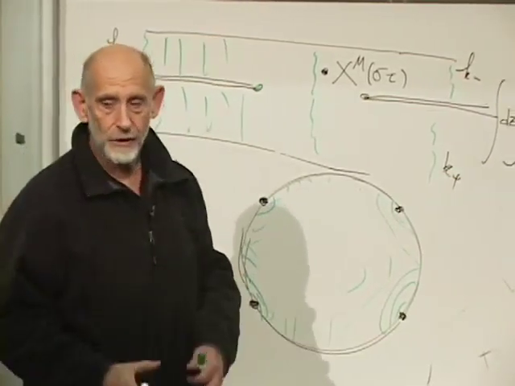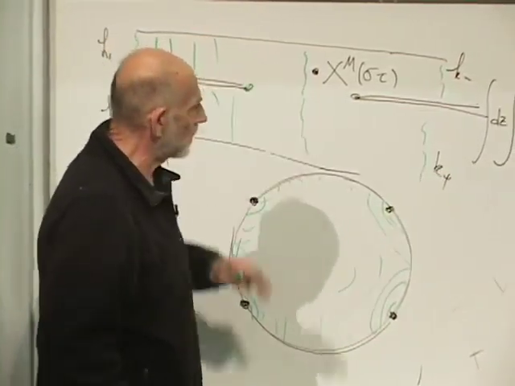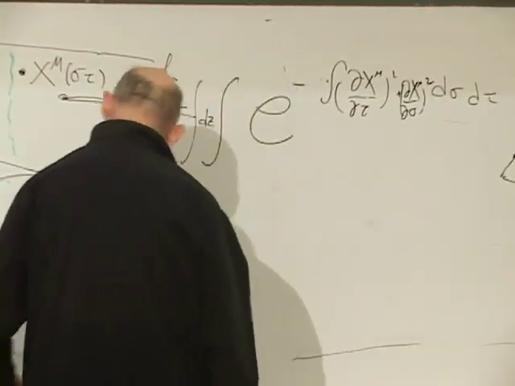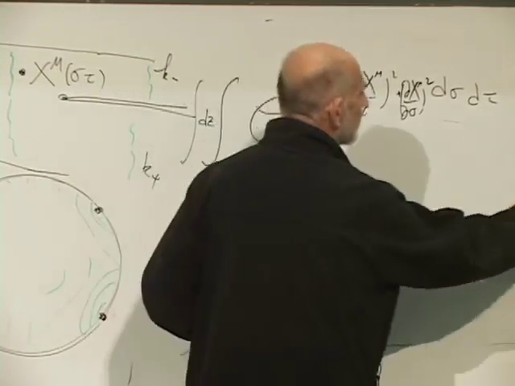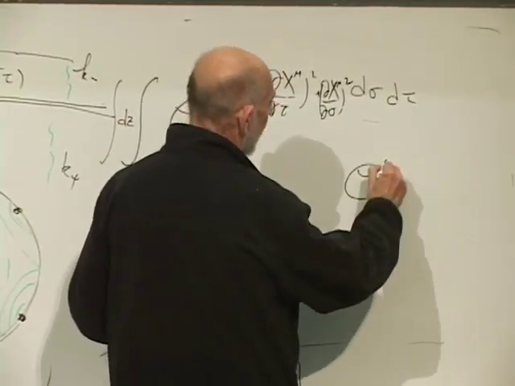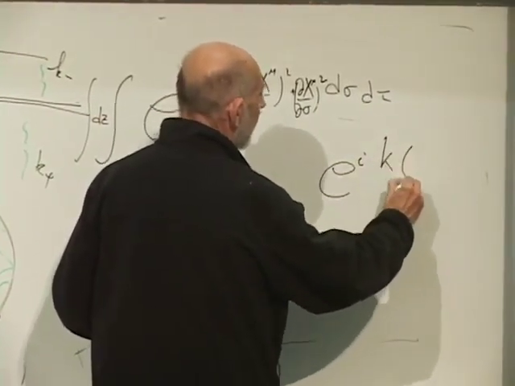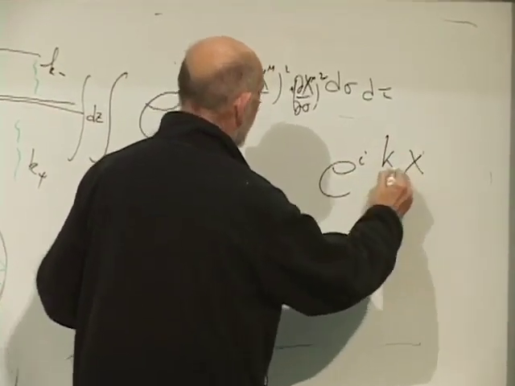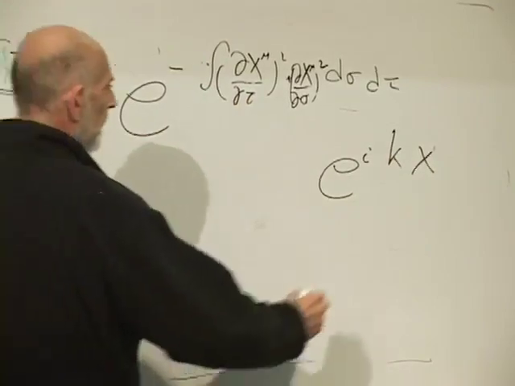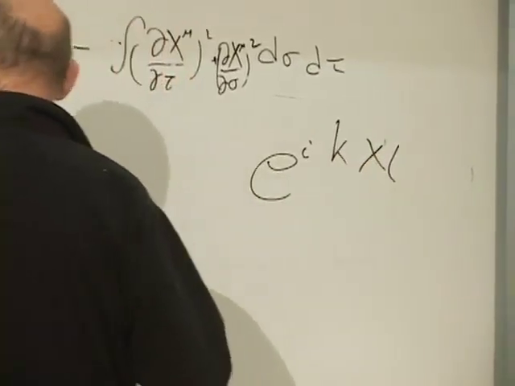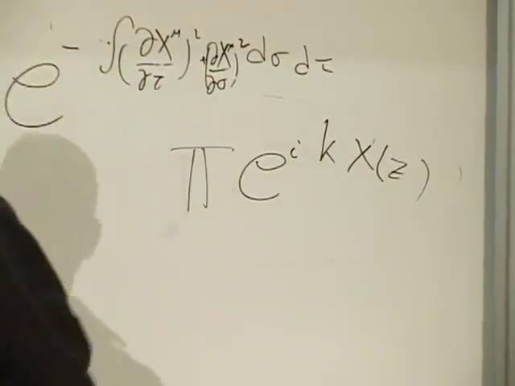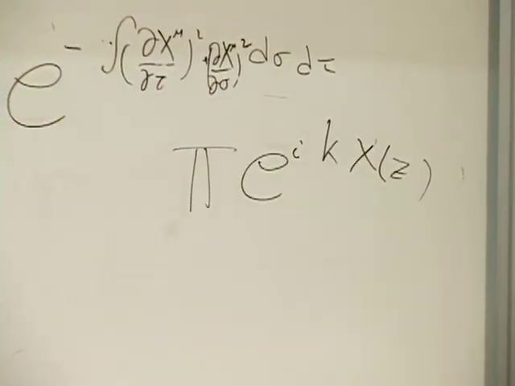You put in for each external particle, each particle coming in, a factor into the integrand here of e to the i k x at the position, let's call this point Z, a product for each external particle.